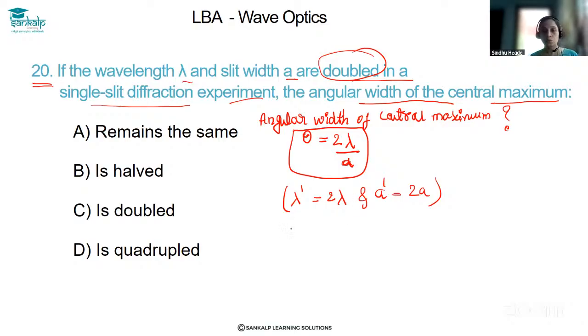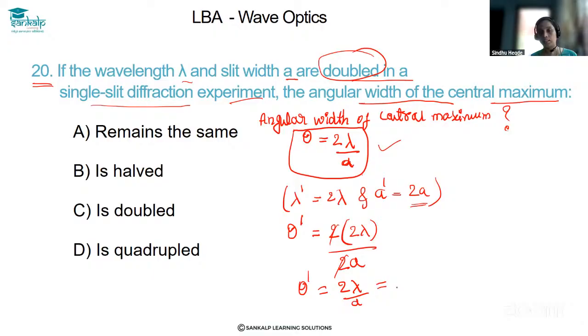Then substituting, theta becomes theta dash. Theta dash is equal to 2, in the place of lambda, 2 lambda comes, divided by, in the place of A, the new A, that is 2A comes. The 2 gets cancelled out. So we get theta dash is equal to 2 lambda by A. 2 lambda by A is nothing but the theta value.